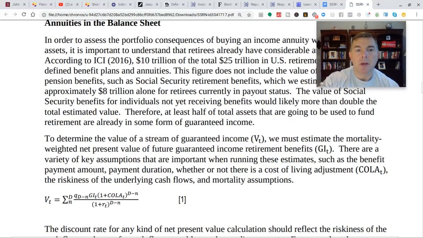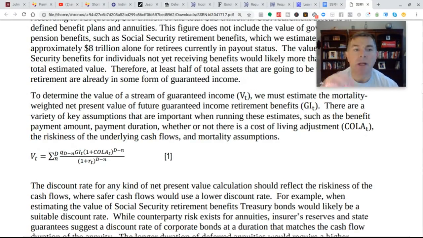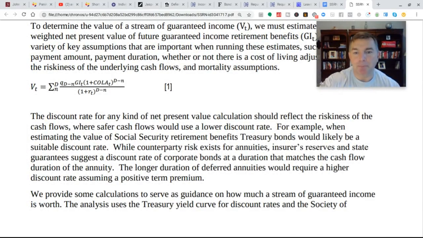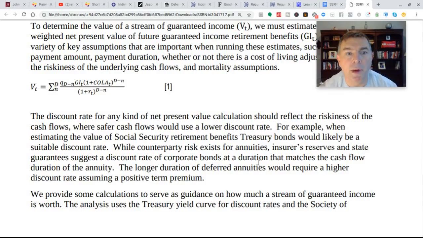To determine the value stream of a guaranteed income, we must estimate the mortality weighted present value of future guaranteed income. There are a variety of key assumptions that are important. When estimating this, and this is actually pretty important, the discount rate for any kind of net present value calculation should reflect the riskiness of the cash flows, where safer cash flows would use a lower discount rate.